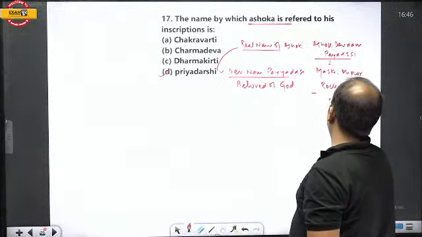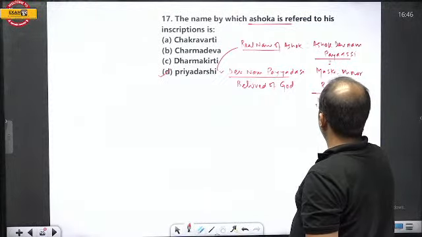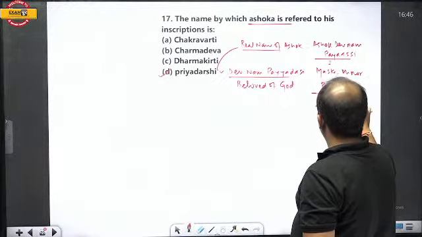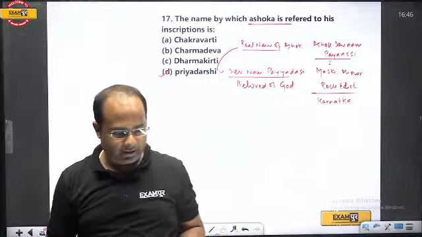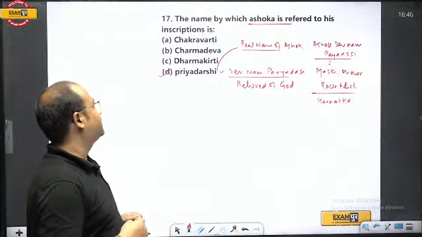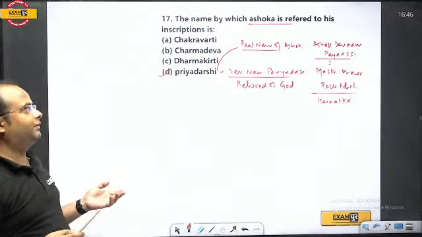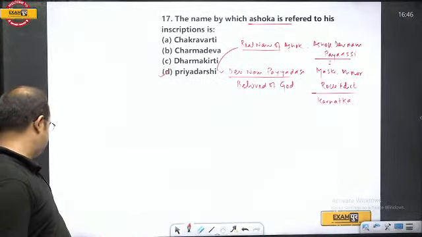The Maski Minor Rock Edict is found in Karnataka. So the correct answer will be option D.